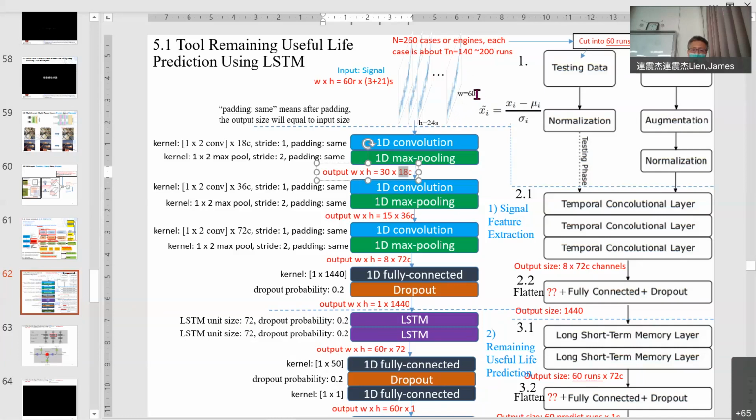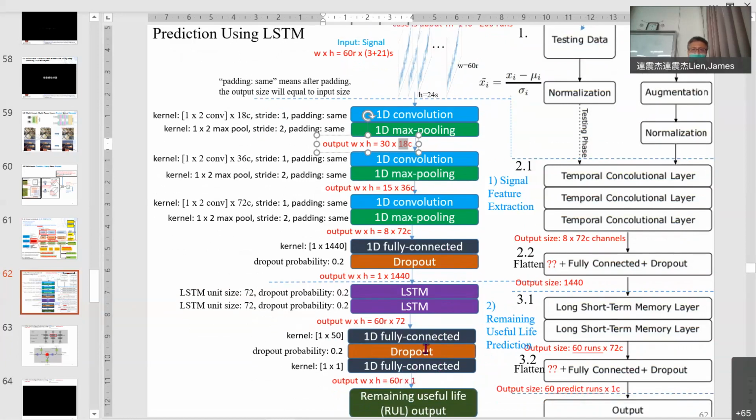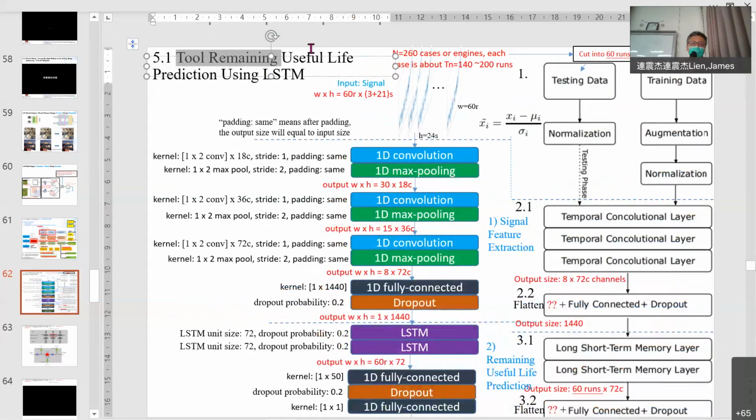What's the purpose here? 我们先看最后的目的是什么？目的是做 prediction. I want to predict what happens at second 61. Okay. Input, output. What's the purpose for this one? We try to predict what we call tool remaining useful life.